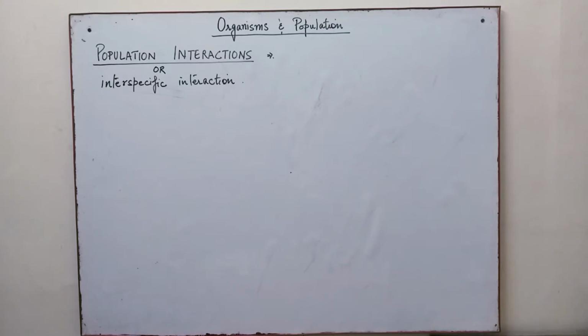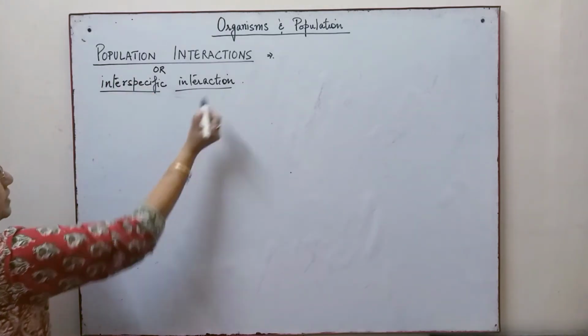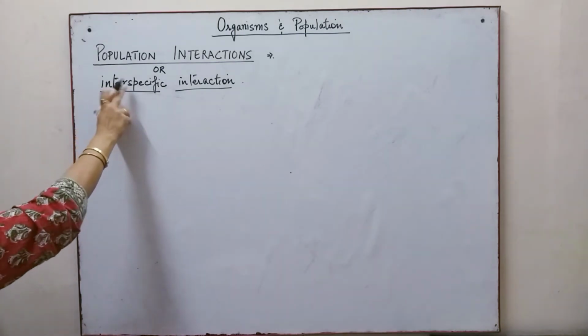This interdependence between the species can be for food, for space, for protection, facilitating reproduction, etc. So, this interdependence among the species for various reasons is known as population interaction or interspecific interaction.